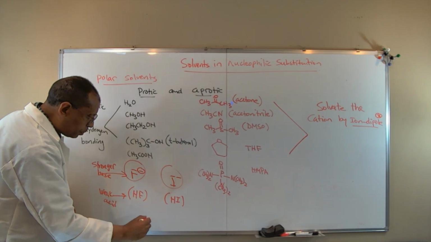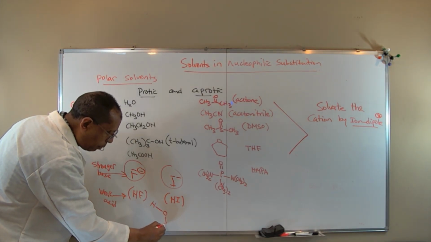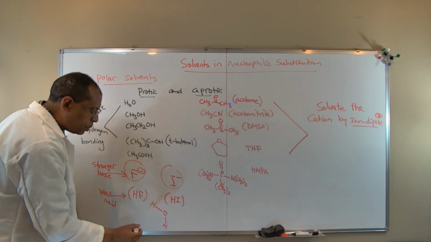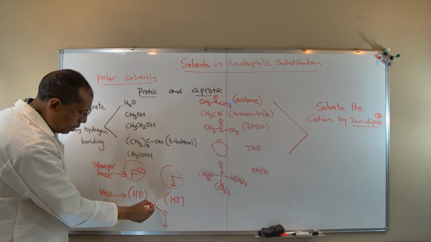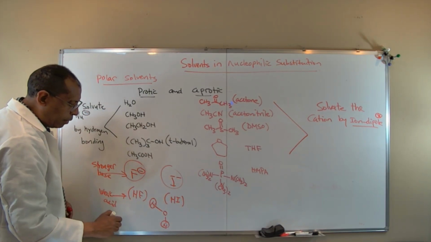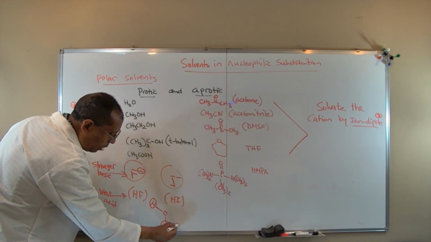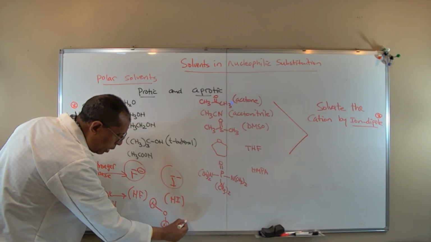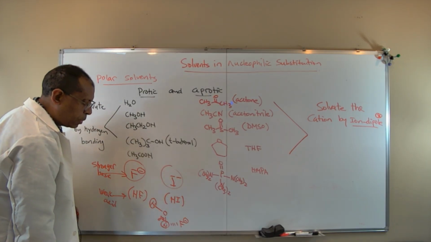For example, if you take water, a hydrogen bonding molecule, a protic solvent, because it has hydrogen that can hydrogen bond with a nucleophile, it would solvate the fluoride anion through hydrogen bonding.